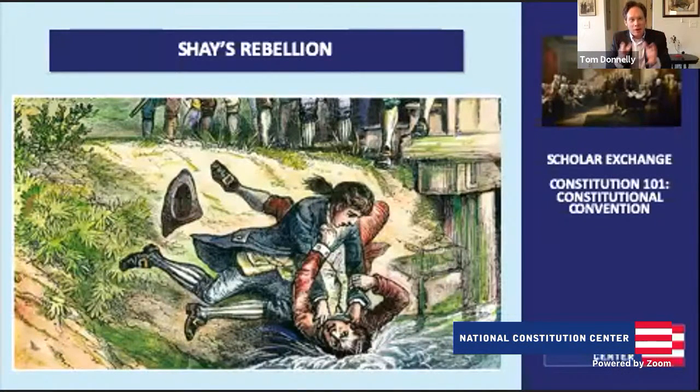So even before Shays' Rebellion, you have people like James Madison, Alexander Hamilton, and frankly, Washington really having the sense that we need something stronger than the Articles of Confederation. But from Washington's perspective, he fought and won the American Revolution as our general. He did the amazing thing of giving up military power, and he retired to Mount Vernon.